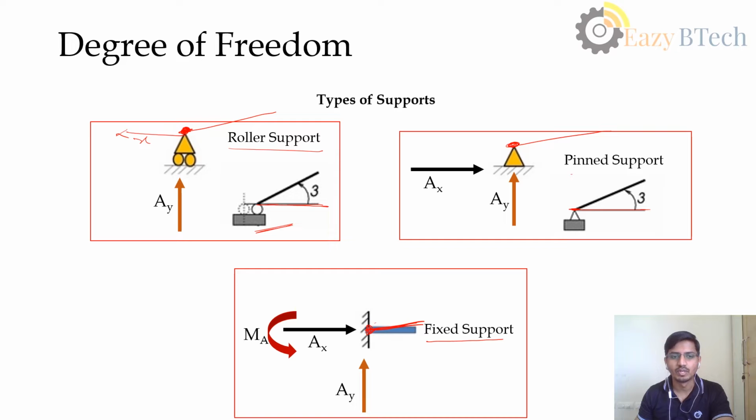The number of directions in which a node or support is free to move is known as the degree of freedom. We usually call this DF. In the roller case, the node is free to move in the horizontal direction and free to rotate, so the degree of freedom of the roller support is 2.